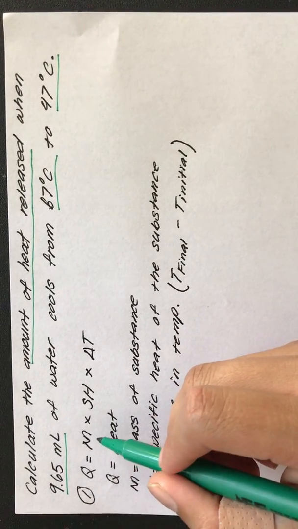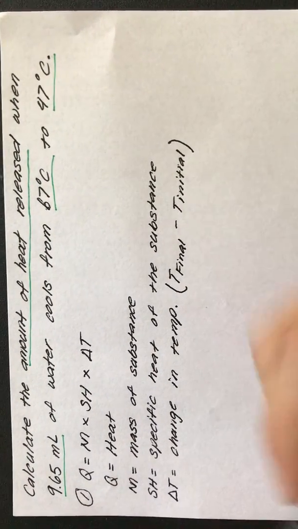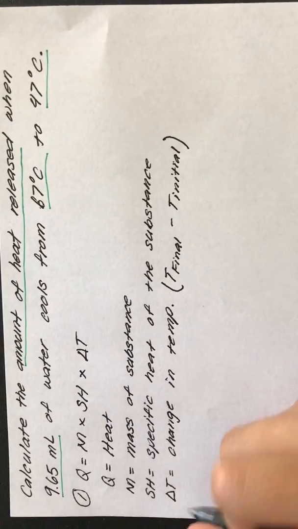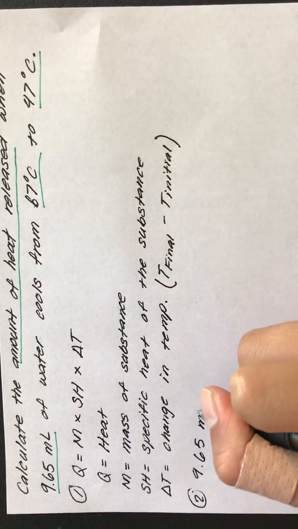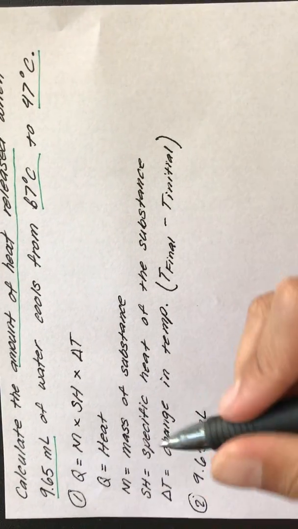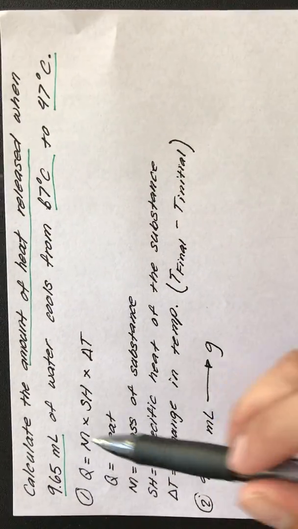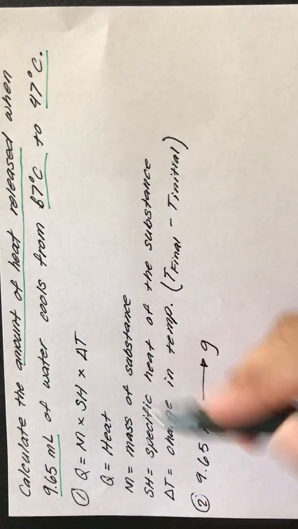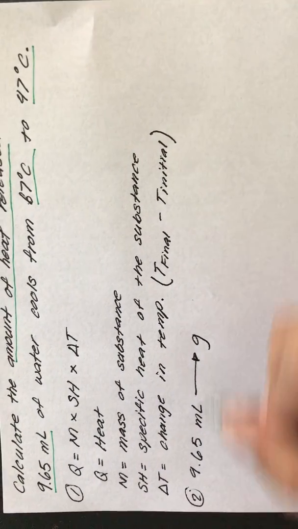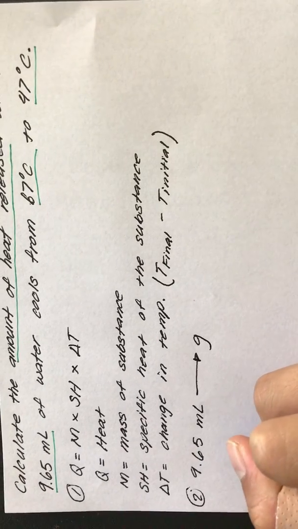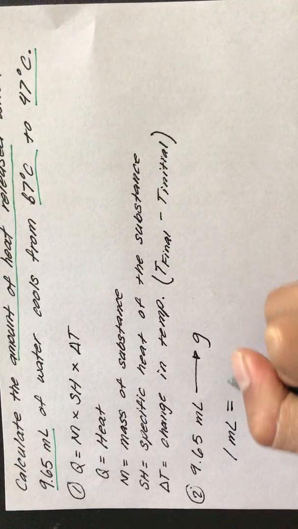Now, volume isn't part of the equation given, so what we'd like to do first is convert 9.65 milliliters to a unit of mass, which is grams. Because this is water, we know that the equality of milliliters to grams for water only is a 1-to-1 ratio. So 1 ml is equal to 1 gram.